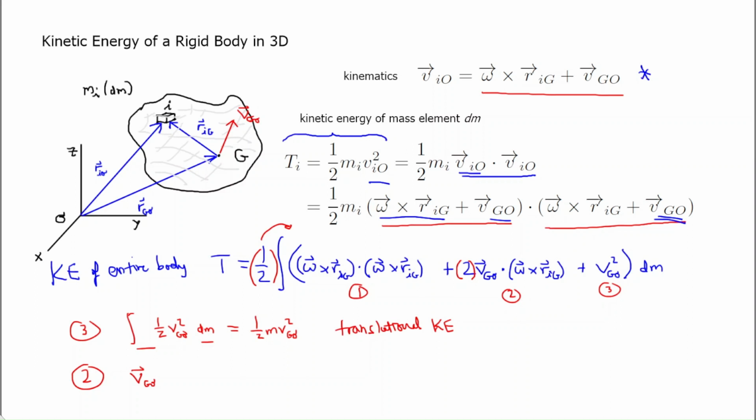It's just whatever the velocity of the center of mass is. Then we're dotting this with, in parentheses, omega, which is a constant with respect to the integration. That just corresponds to whatever the angular velocity vector is for this rigid body.